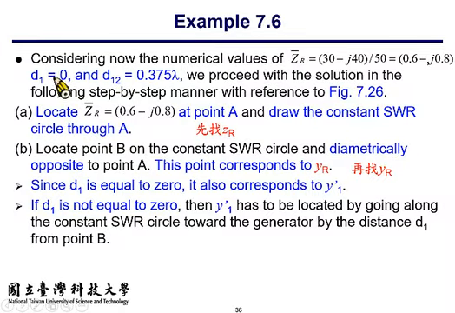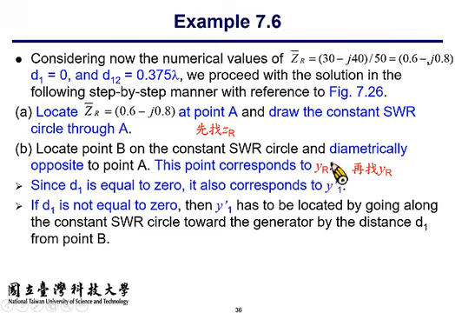Alright, so let's work on the actual problem. We have a load impedance of 30 minus j40. The normalized impedance is 0.6 minus j0.8. The normalized admittance is the inverse of this number, which is 0.6 plus j0.8.